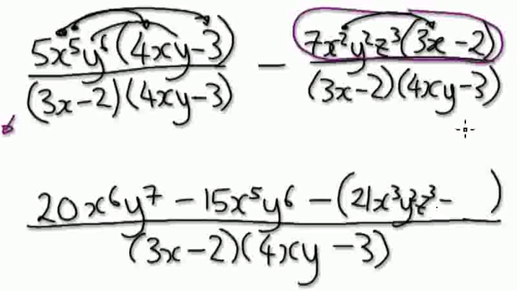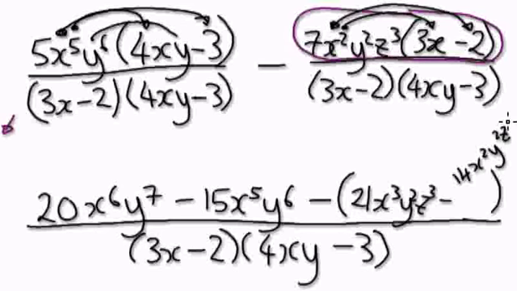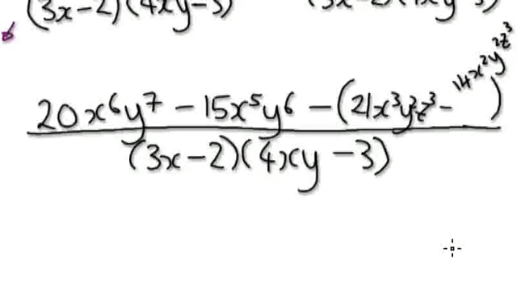Okay, this is going to get messy because I'm going to squeeze everything in here. On this side here, it's going to be 14. Remember, we're doing this now. This times this. Okay, 14x squared y squared z to the power 3.